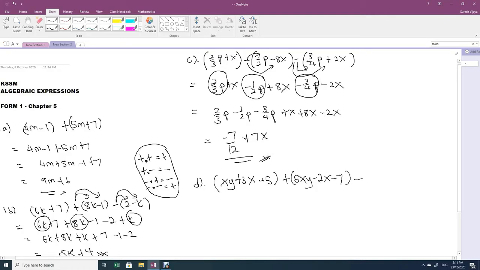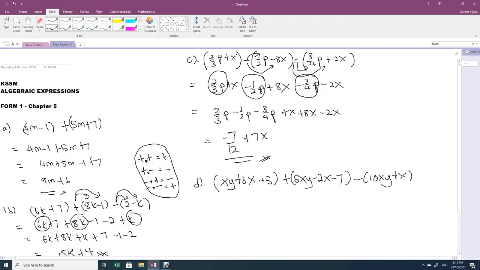Then you have minus 10xy plus x. Now what we do next is we break up the parentheses.